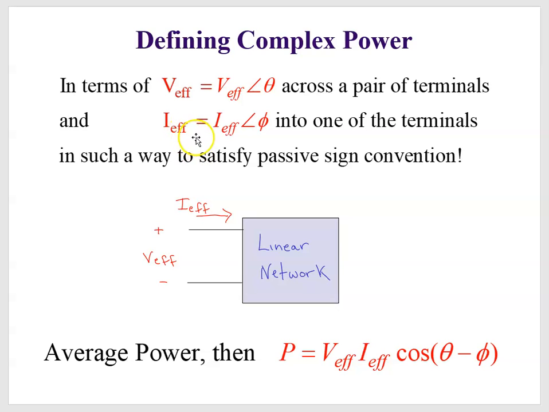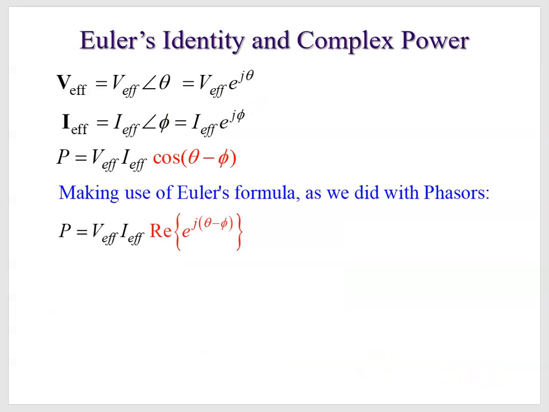It has an amplitude I effective, angle phi, and it satisfies our passive sign convention. Our average power then is, because we're using RMS values, we drop the 1/2 factor, so it's just the product of the voltage and current amplitudes, cosine of the difference between the angles, theta V minus phi.